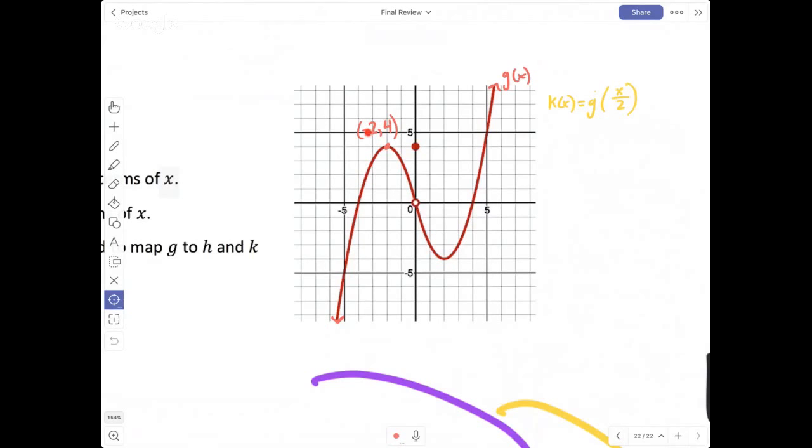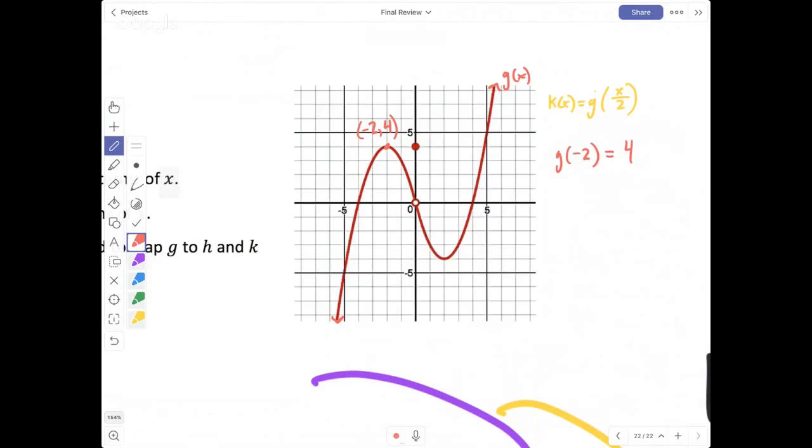So if -2 yields 4 in the g of x function, I know that g of -2 equals 4. That's a thing I know.